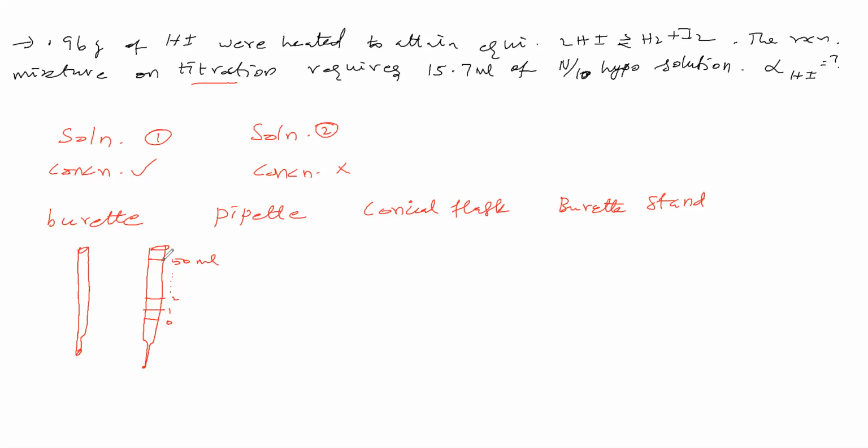Suppose we are taking solution 1 in the burette. What we have to do is first wash the burette with water, and rinse the burette with solution number 1. What is meant by rinsing? Rinsing means add a small amount of solution 1, bring it to every part of the inner part of the burette, and drain it out, removing that solution 1 from the burette completely.